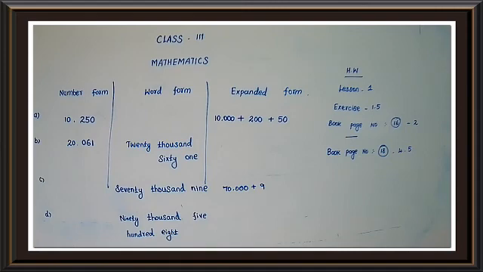Then see the B question. The place value of 6 in 36,958 is. Children, are you listening? What are you doing there? Listen carefully, okay? The place value of 6 in 36,958. So we have to find ones, tens, hundreds, thousands and ten thousands. 6 is in which place? Thousands place. Yes, Mama? So 6,000. Where is 6,000? The third option is 6,000.